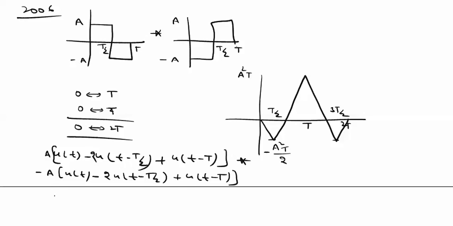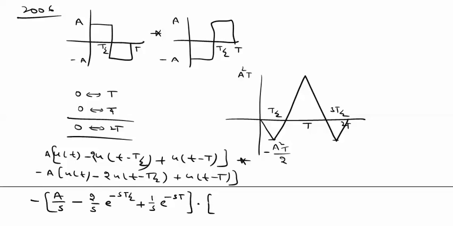By taking the Laplace of the first term, because convolution between two patterns equals multiplication in the frequency domain, either in Fourier, Laplace or Z. For a continuous signal, Fourier and Laplace; if discrete, Z. So we use A upon s, times 1 minus 2 e to the power minus sT by 2 plus e to the power minus sT, multiplied with the negative of the same, and A square comes out because A is common.